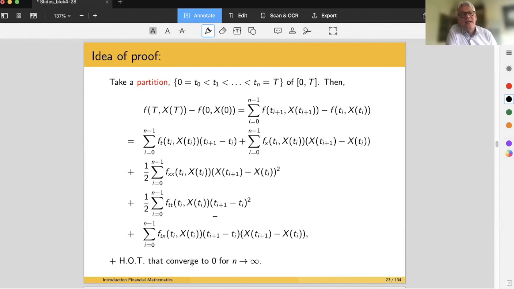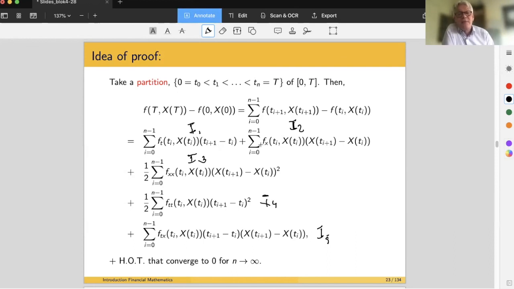Now, again, we recognize several terms here. We recognize the time derivative, so we call that I1. I2 is the first derivative with respect to x. I3, the second derivative with respect to x. I4 is the second derivative with respect to time. And I5 is the mixed term. When n goes to infinity, the first sum will turn to an integral of df/dt dt.